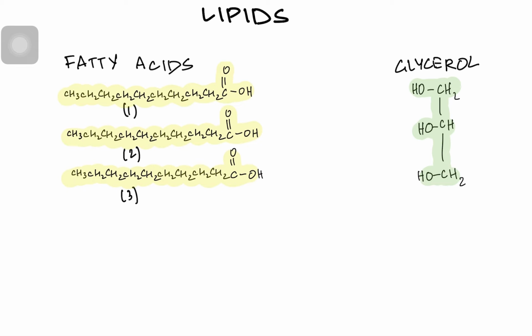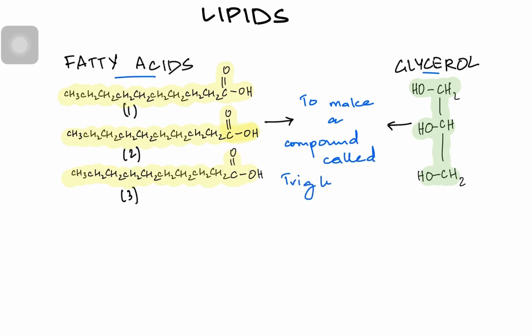Moving on to lipids. Lipids are made when there are 3 fatty acid molecules. They combine with a glycerol molecule to make a compound called the triglyceride.